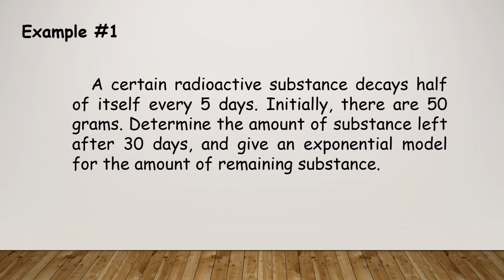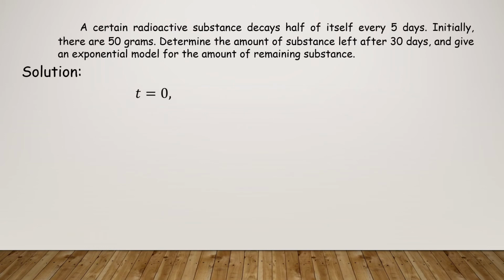Another example. A certain radioactive substance decays half of itself every 5 days. Initially, there are 50 grams. Determine the amount of substance left after 30 days and give an exponential model for the amount of remaining substance. Analyze ulit natin isa-isa.